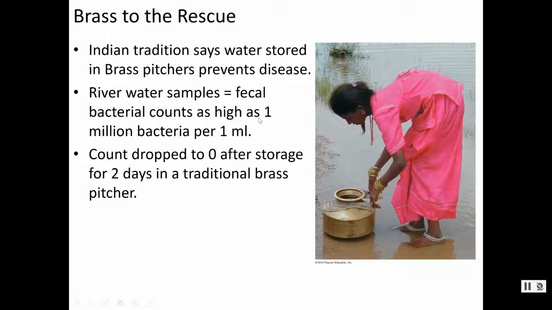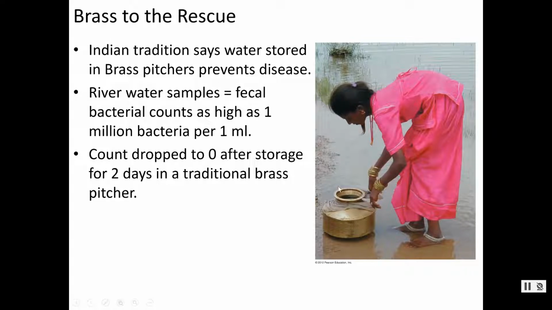And so when they did river samples, they found fecal bacteria, so contaminated with sewage, fecal bacterial counts as high as 1 million bacteria per 1 mil of water. Now that's a lot. Hopefully you're cringing as you're hearing that, because it really is a lot.